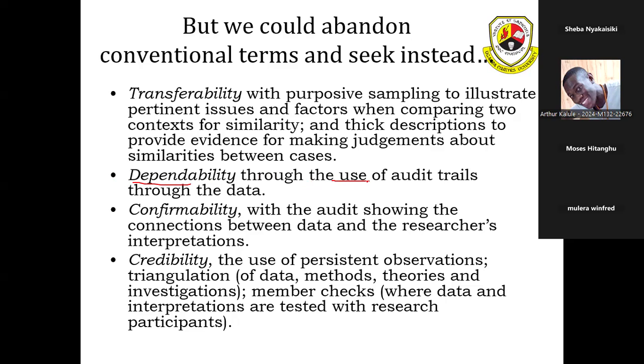Record your interviews and any focus group discussions, then do a verbatim transcription. Again, confirmability goes back to dependability, where you do verbatim. Credibility, use of persistent observation: stay as long as possible with qualitative research.